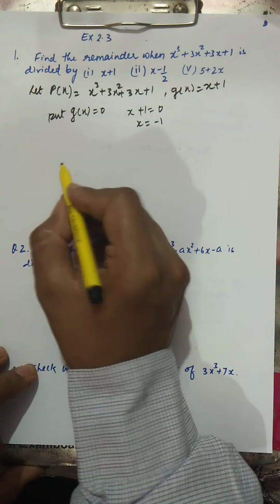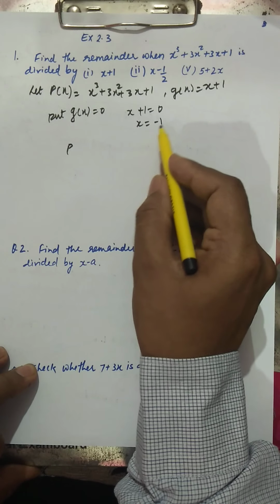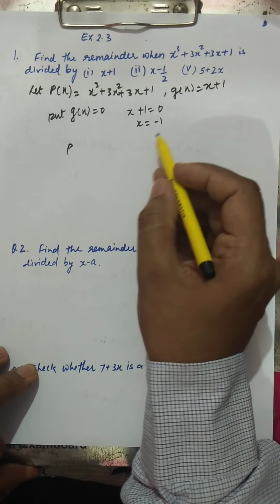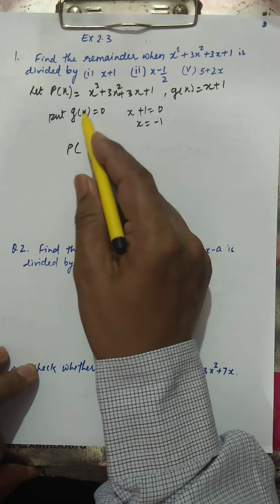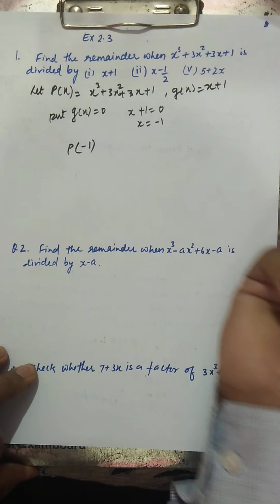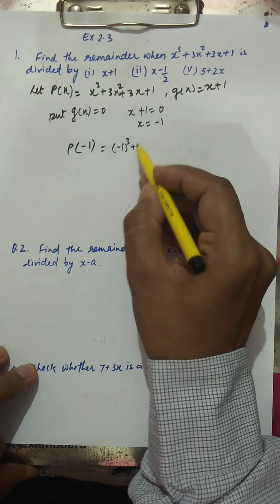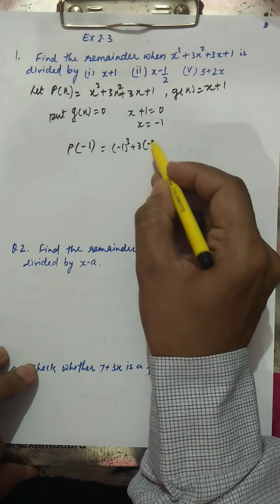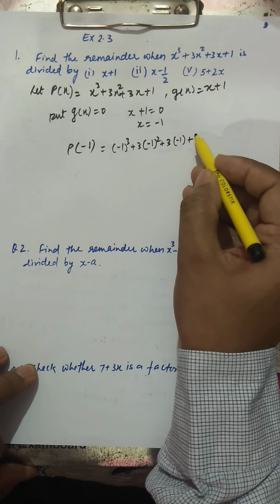Now this remainder we have to find. So simply put this value here; in the remainder theorem it was a. I am putting in the polynomial this value, minus 1. See what comes. This is minus 1 cube, plus 3 into minus 1 square, plus 3 into minus 1, plus 1.